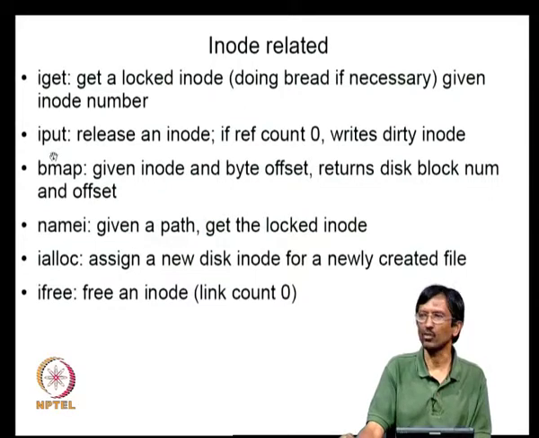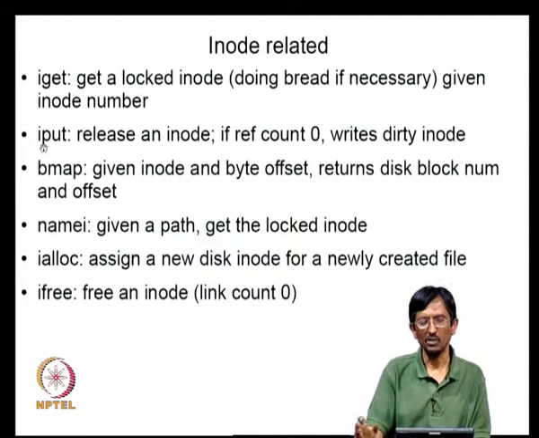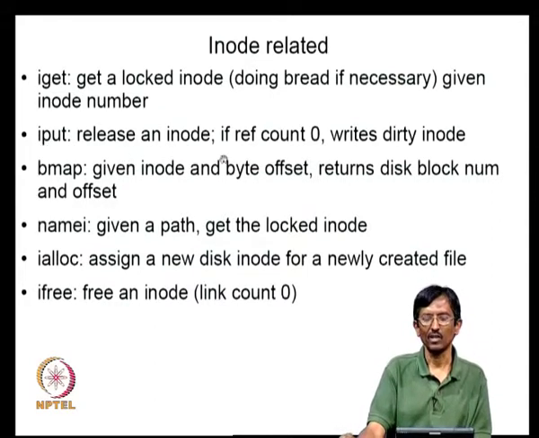Similarly, iget gets it from disk, and with iput you want to push it to disk. You keep reference counts, and if the reference count is 0, that means there are no users in memory, then you can write the dirty inode.